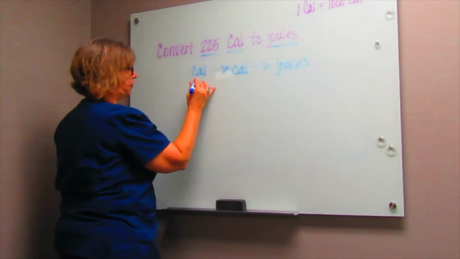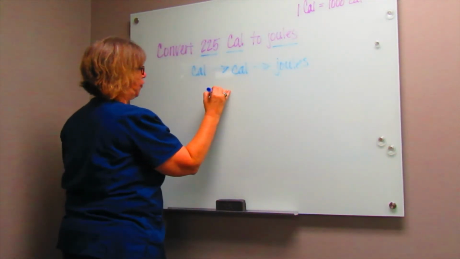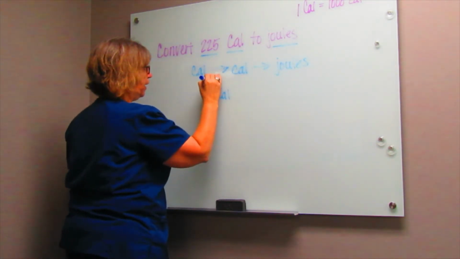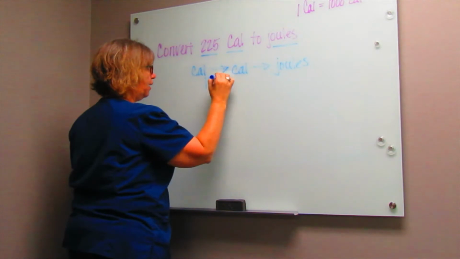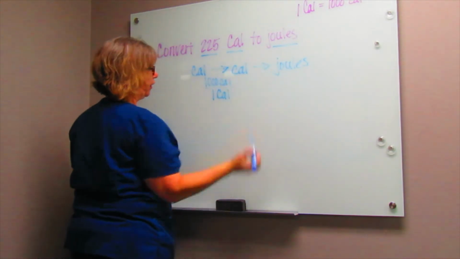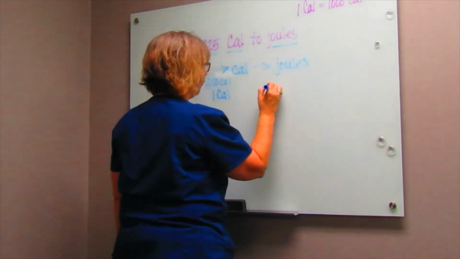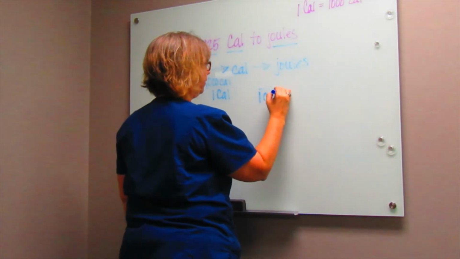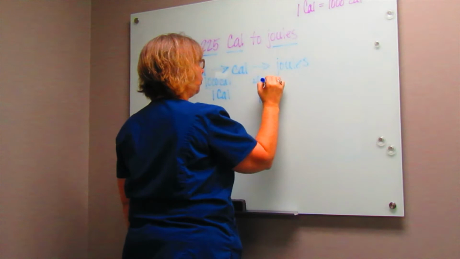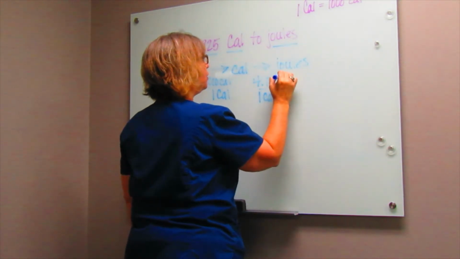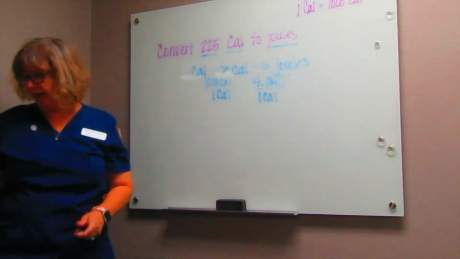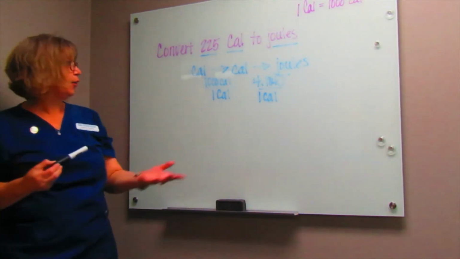Our conversion factor here is for every 1 Calorie equals 1,000 of the little c calories, and for every 1 of the little c calories equals 4.184 joules.